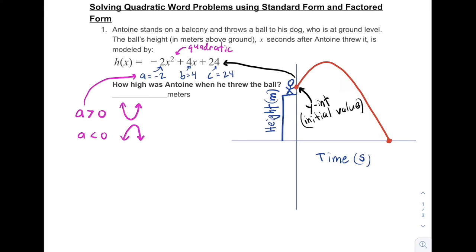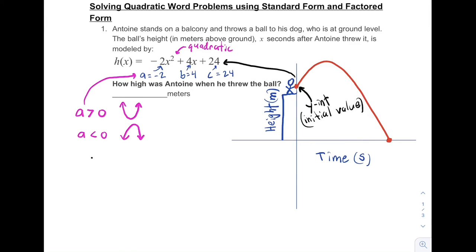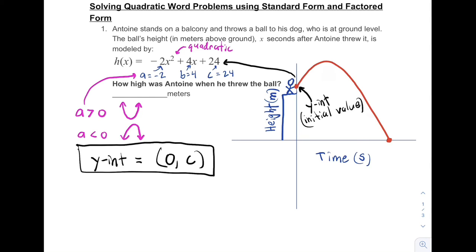Whatever your C is, that is your y-intercept. That's your initial value. So we can tell that our y-intercept is always going to be equal to (0, C). So y-intercept, which is our initial value.